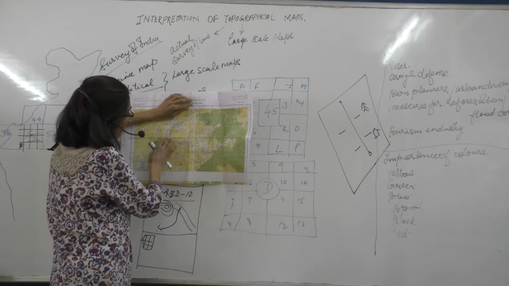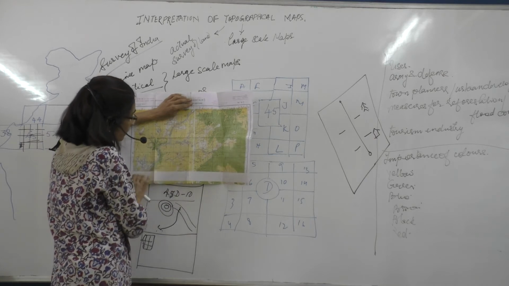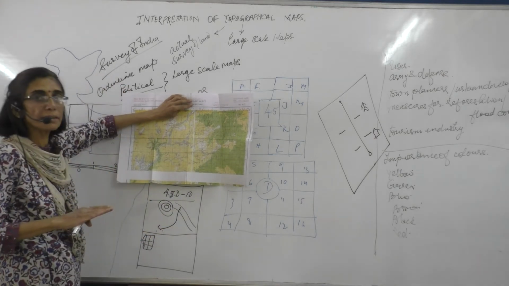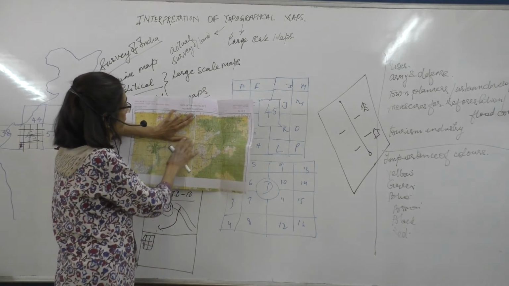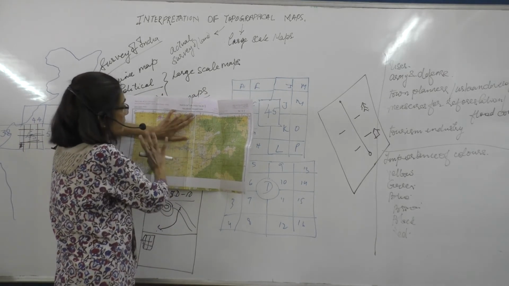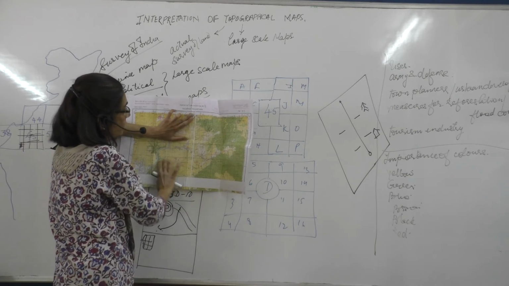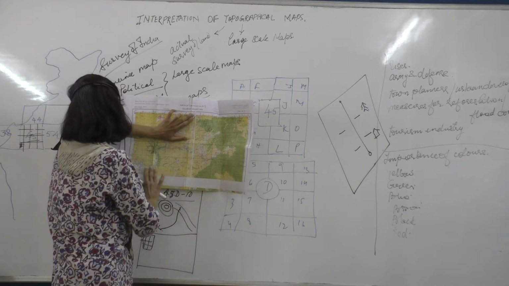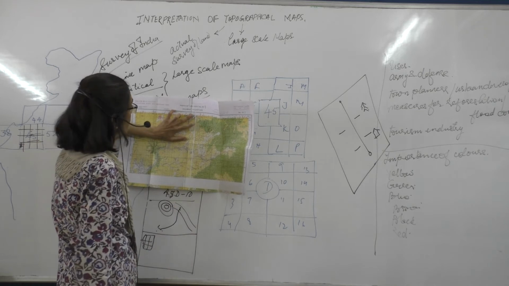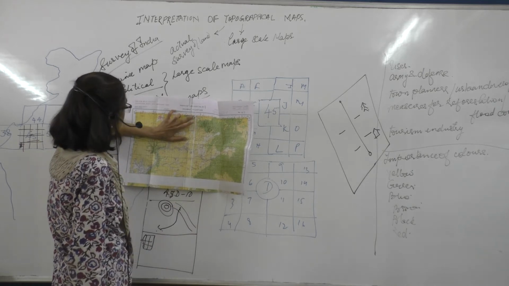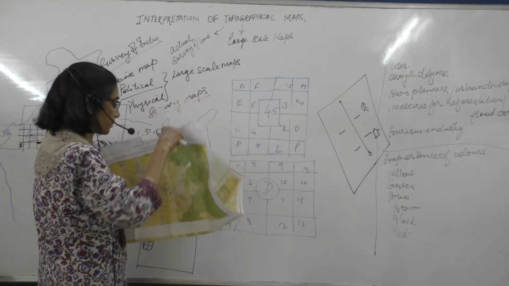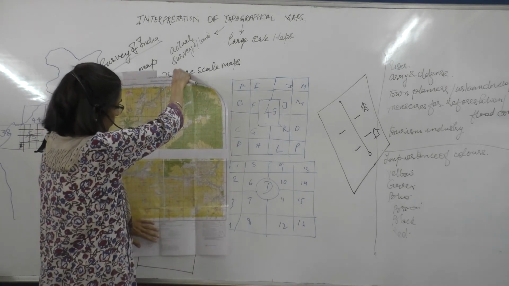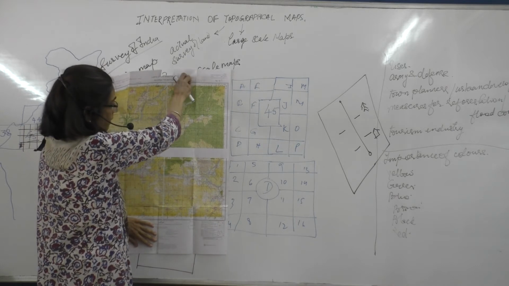The dry riverbed can be seen on this. So they have actually done the survey of the land, and then they are presenting it. These are just parts of 45D7. Gujarat and Rajasthan is the main area which is covered in these maps. Mainly you get these kinds of topographical maps in your exams.